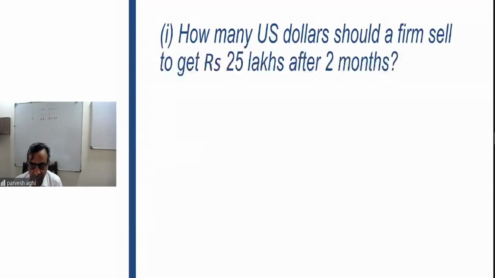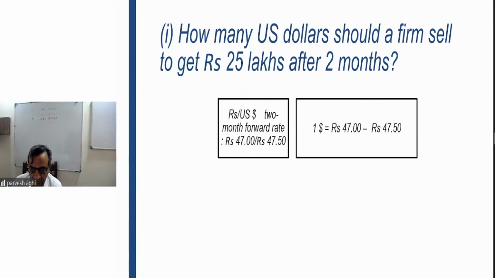Okay, so let's answer the first question. How many US dollars should a firm sell to get 25 lakh rupees after 2 months? Now, who is going to sell dollars normally? A guy who is in America is going to sell dollars and get rupees. But the quote given is a direct quote in India.